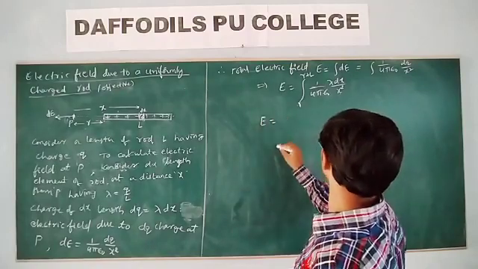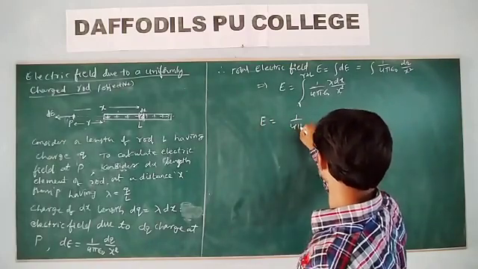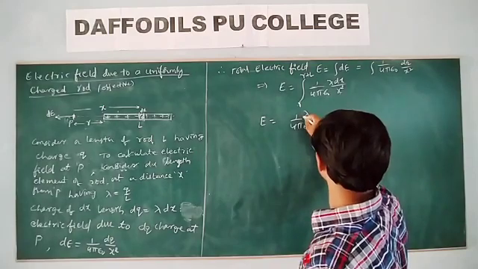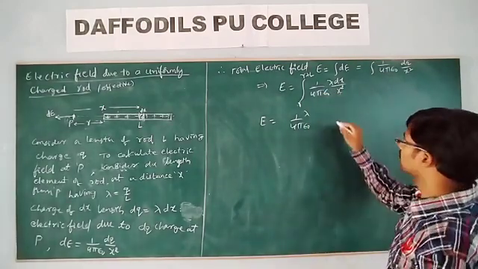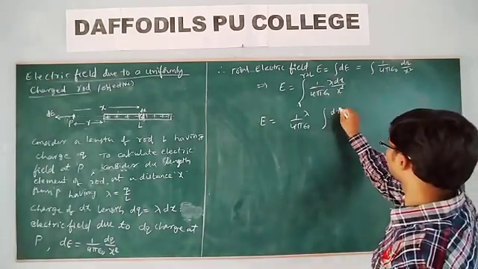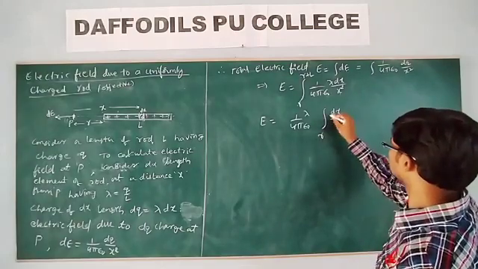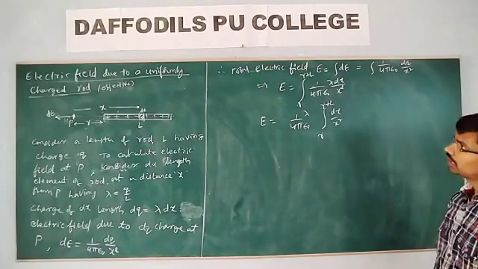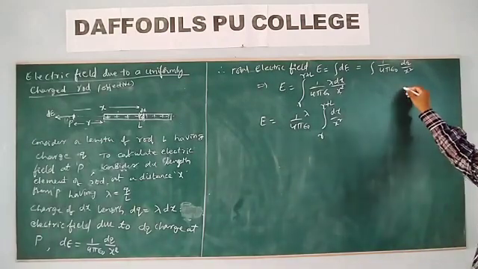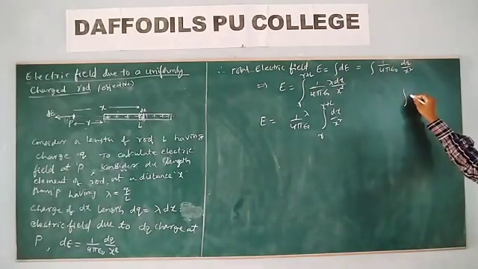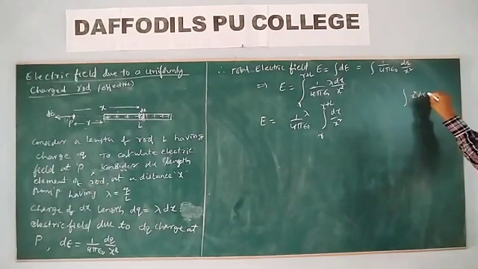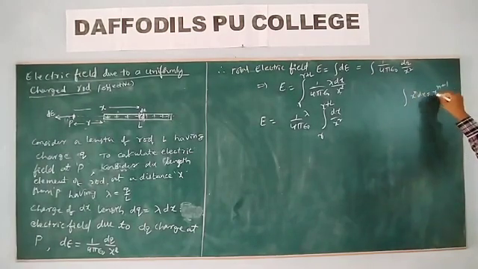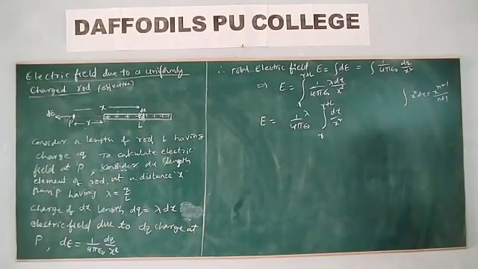Therefore, E is equal to 1 by 4 pi epsilon naught is common and lambda is also constant. Then what can we write here? dx by x square. Limits are from R to R plus L. And remember here, what is the integral formula? Integral x power n dx is equal to x power n plus 1 by n plus 1.